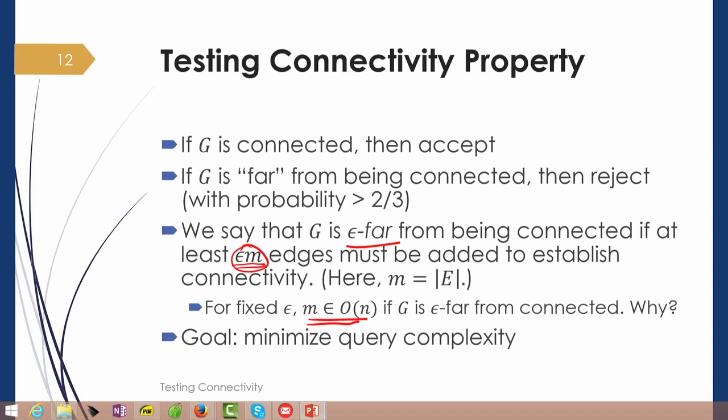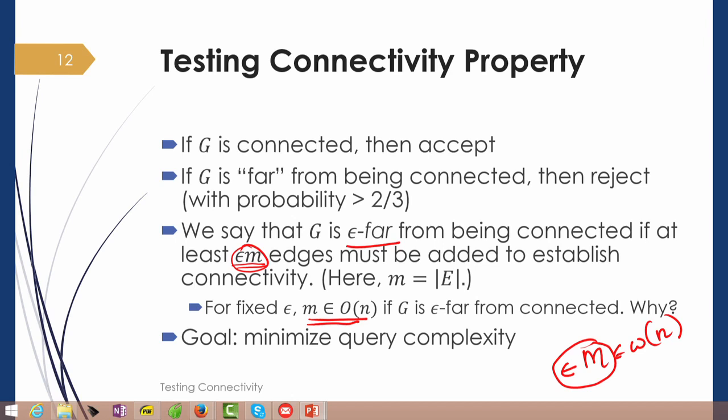Suppose not. Suppose m is little omega of n. In this case, epsilon m is also going to be little omega of n, in which case we immediately notice that this epsilon m number of edges is going to be sufficient for us to get the graph to be connected.